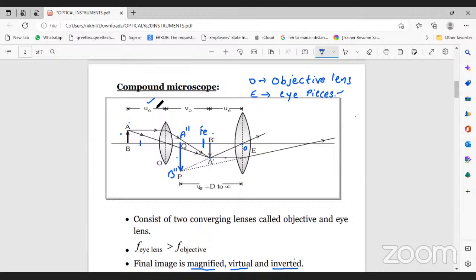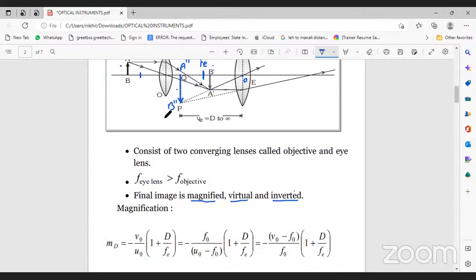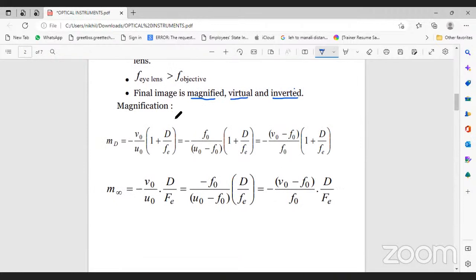This is the nature of the image which is obtained by the compound microscope. And please remember the magnification formula for the compound microscope. Ajay, you have to remember this formula. There are a lot of different formulas here.